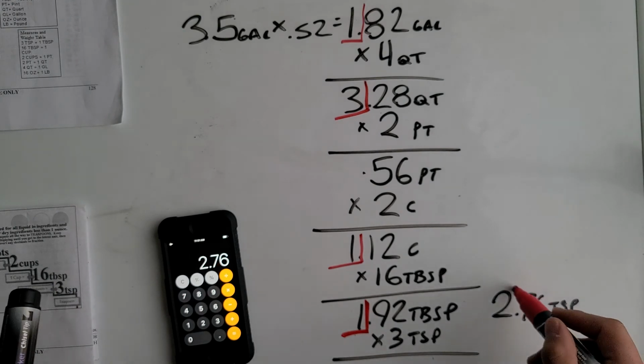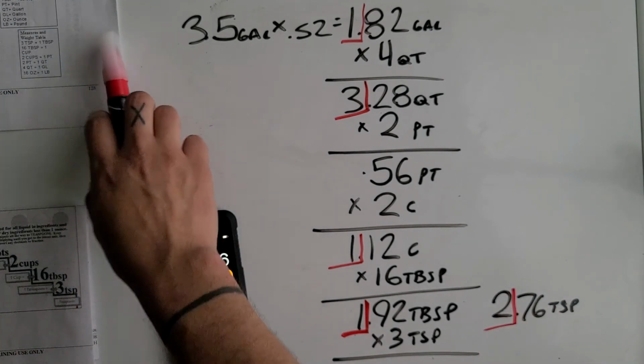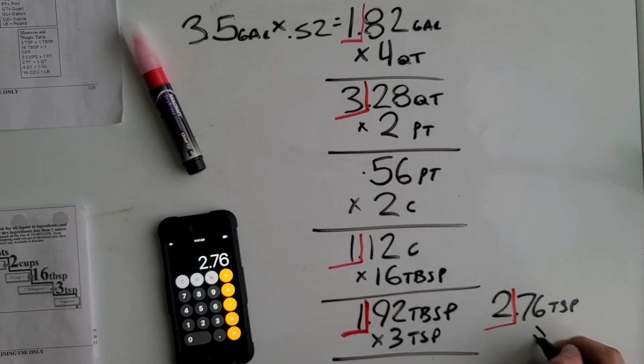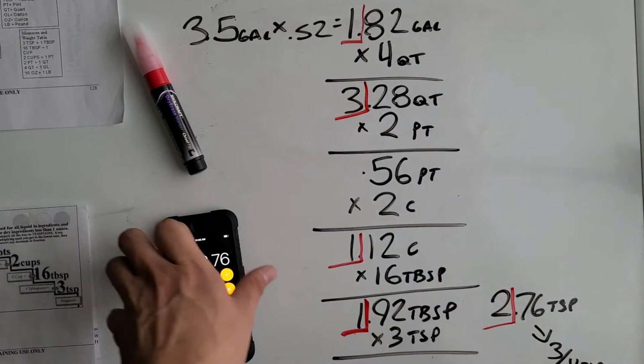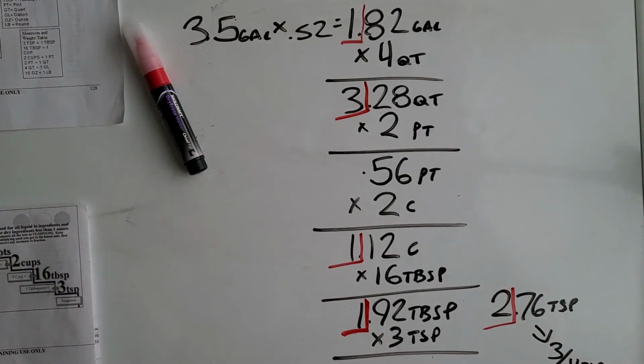Again, don't forget, block off your whole numbers. So 0.76 is the same thing as 3/4 teaspoon.